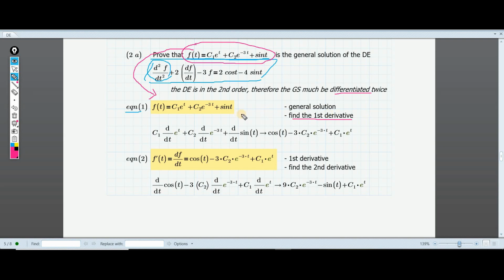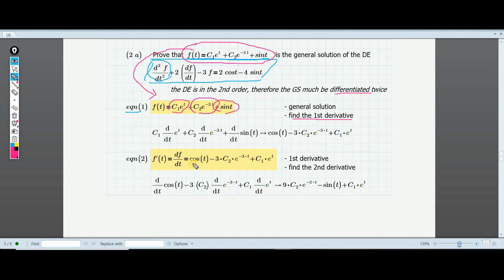So, pag kinuha natin yung first derivative niyan, anong magiging sagot natin? This c sub 1 e to the t will be e to the t. Okay. Ito naman, e to the negative 3t will be negative 3 e to the negative 3t. Okay, and then the derivative of sine t is equal to cosine t. So, ito siya, ginawa na nung program, sinolve na mismo nung program.